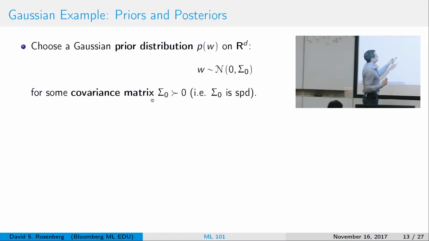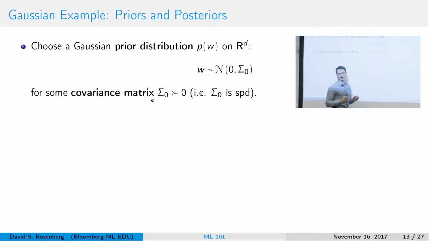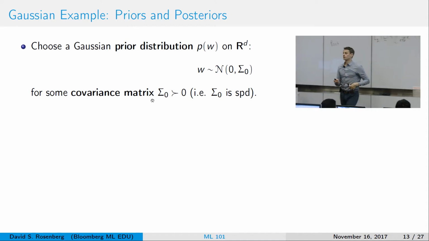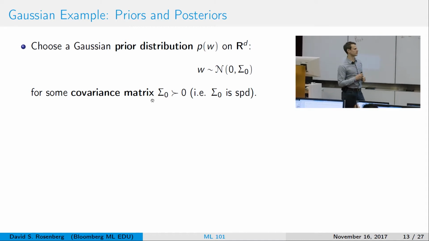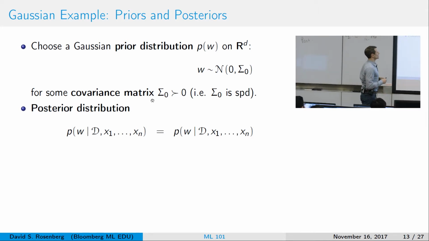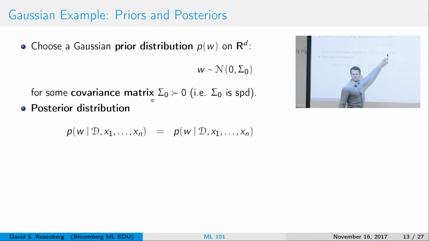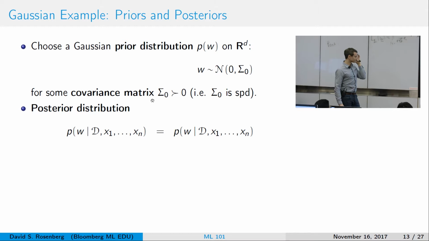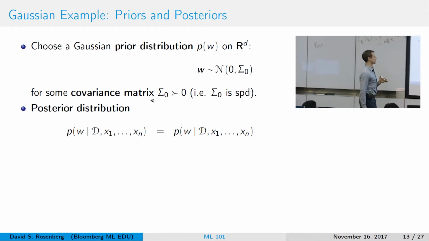So let's take the prior on W, so we're back in this case, to be zero mean Gaussian with some covariance matrix sigma 0. All right. You guys know this terminology, SPD, symmetric positive definite? Covariance matrices must be symmetric and positive definite. So just requiring it be a covariance matrix.